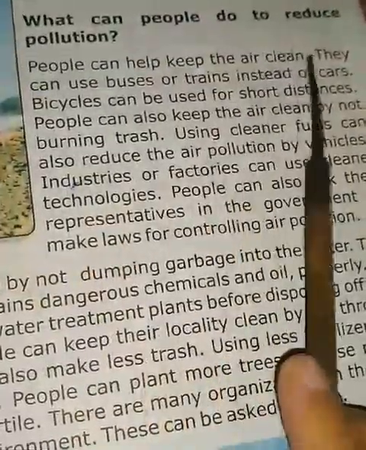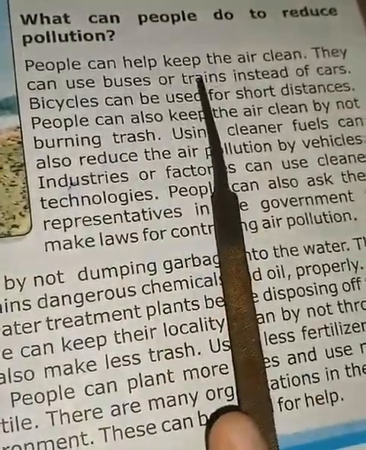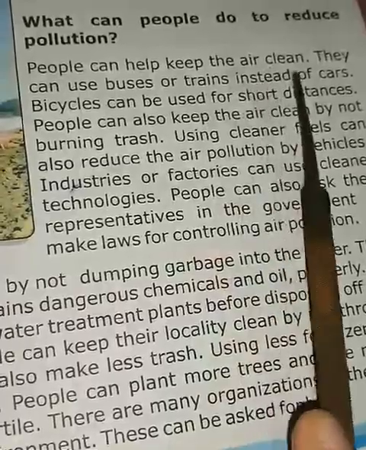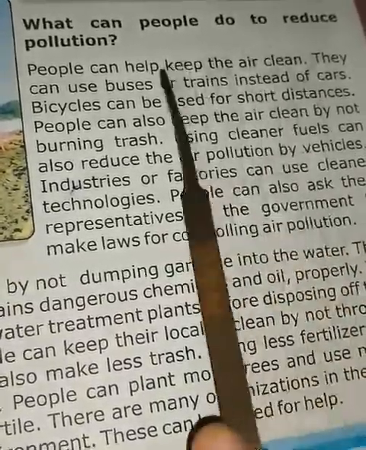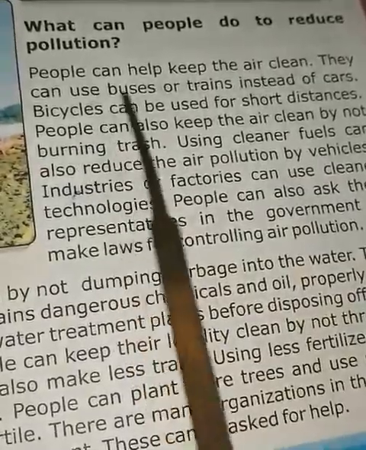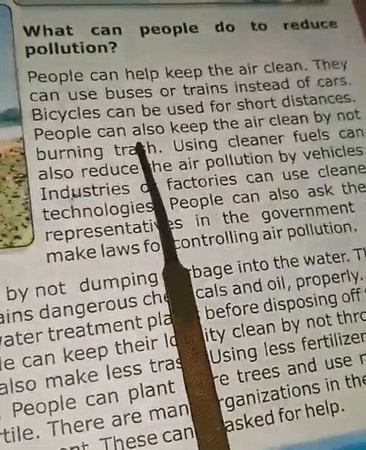What can people do to reduce pollution? People can keep the air clean by not using the car, and by using a bicycle or the bus or train, or by not burning trash.